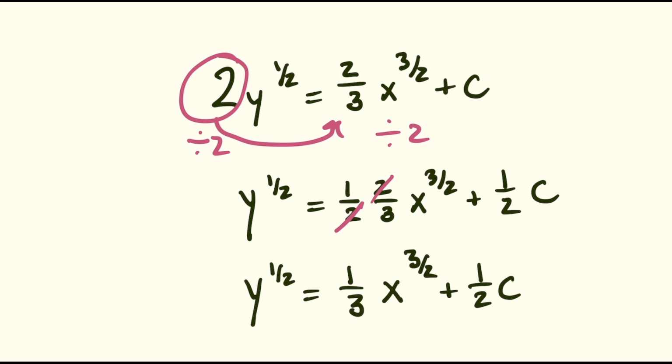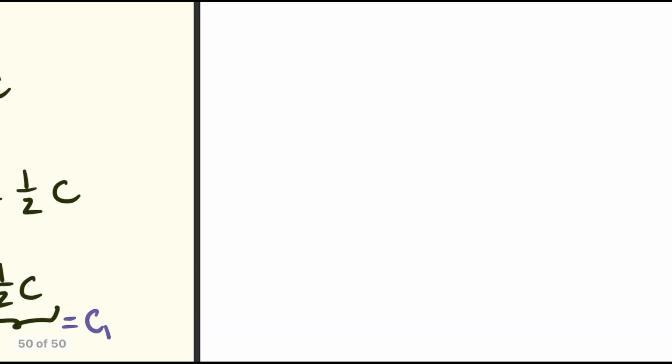Now, I don't really relish the idea of writing 1/2 c all the time. So instead of writing 1/2 c, I'm just going to call that c1, and we'll go from there.